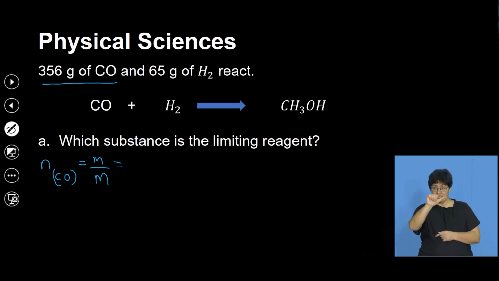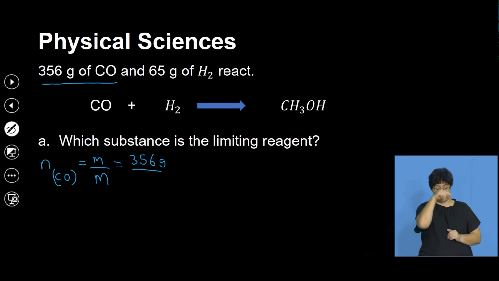The mass of the sample is 356 grams. So we're asking ourselves, in 356 grams of carbon monoxide, how many moles are present? It's 356 divided by the molar mass of carbon monoxide, which is 12 plus 16, that gives us 28 grams per mole.